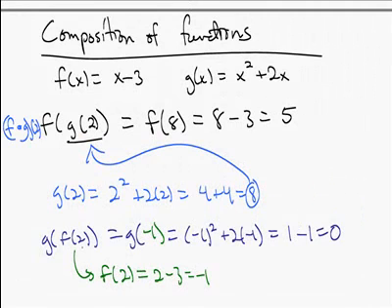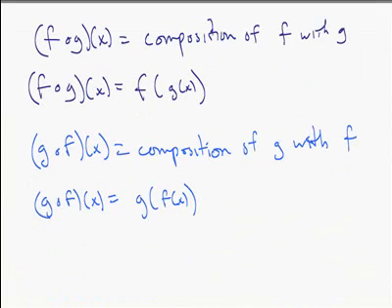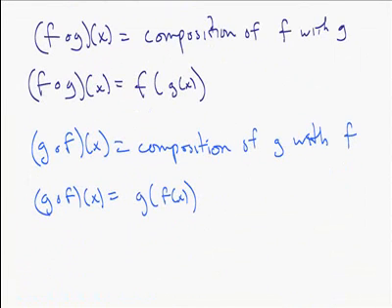When we did g of f of 2, which is g composed with f of 2, we got 0. So we got different results depending on the order in which we compose the exact same functions at the exact same points.